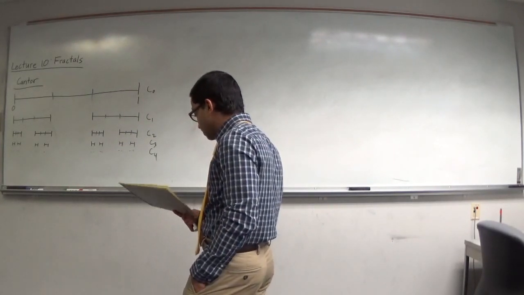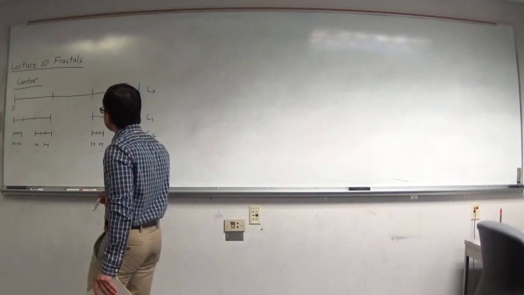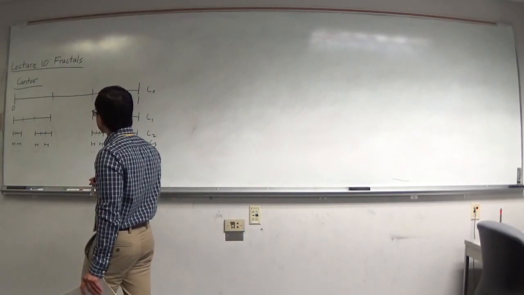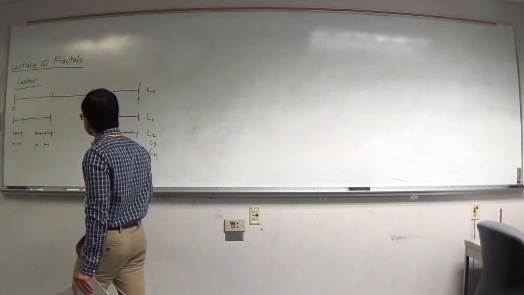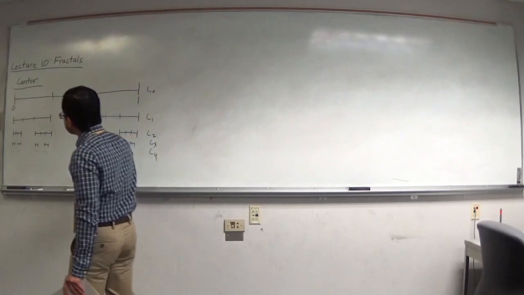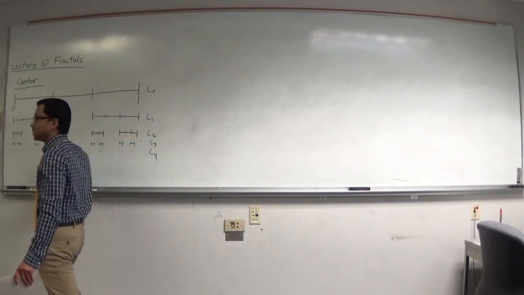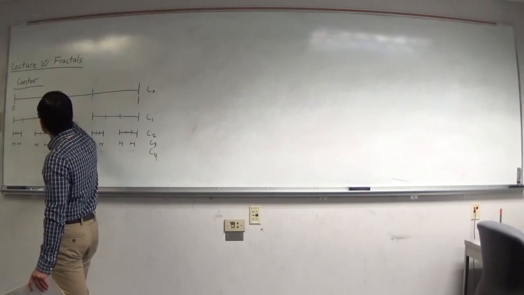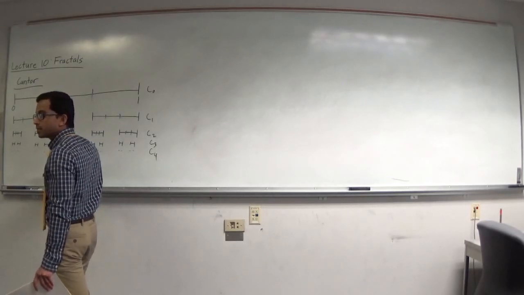It's also self-similar. So if we look at the entire Cantor set, then it's the same as looking at a third of the Cantor set. Because if you take this third, you have the same sort of process, right?